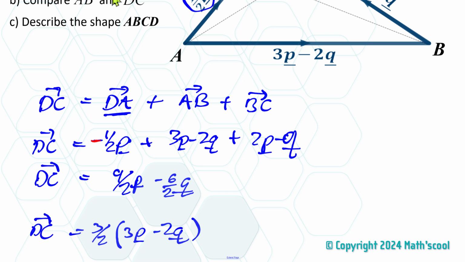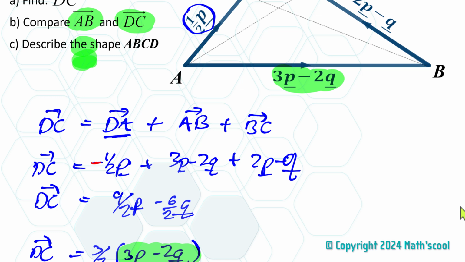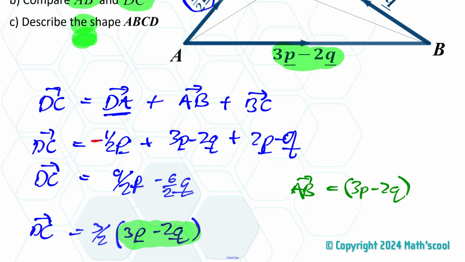And look at that. The first thing I notice is that brackets is the same as that brackets. So it says compare A to B and D to C. So we know that A to B is 3P minus 2Q, and we know that D to C is 3 over 2 times 3P minus 2Q.